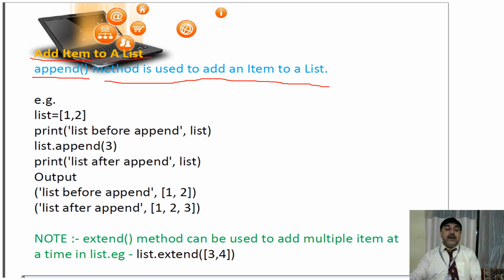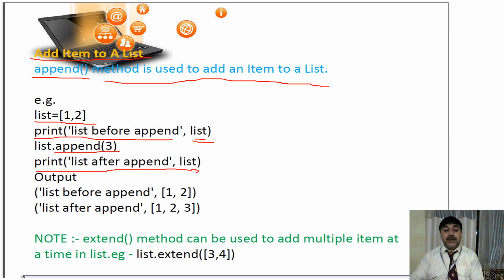See here one example. In this example, first I have taken one list. In the list I have taken 1 and 2. After that, I have printed it: print list before append. The list is to be printed. Now I am appending 3. Then print list after appending.